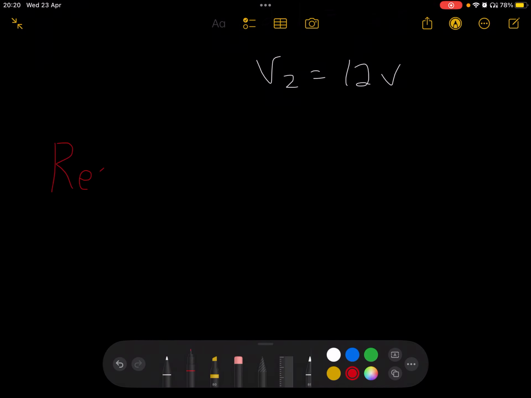About resistor R, the voltage is 12 volts. We want its power. We don't know its current. We don't know its resistance. So we need one of these two. And which one would be easier? So I decided to go on with current.